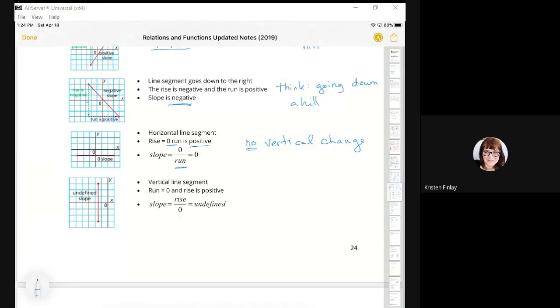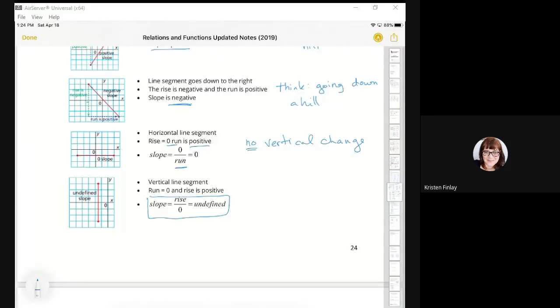And then the last one is if we have a vertical line segment. So in this one, the run is 0, the x value doesn't change, and the rise is positive. So there is a difference between your y values. So here, if we figure out our calculation, the slope is rise over 0. So everybody try that. It's like with fractions where we talk about can't have a 0 on the bottom, because when you divide that on your calculator, anything divided by 0 is going to be undefined.